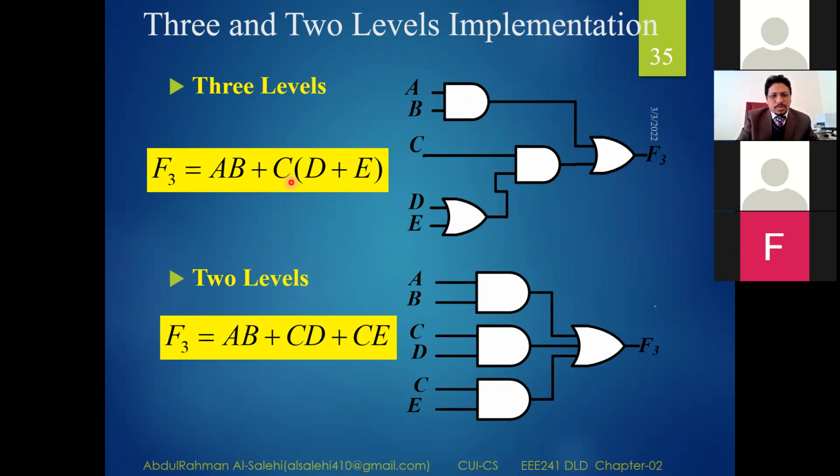So for that, what I will do, if I take this F3 now, when I implement it like that, C into D and C. But I can convert these 3 levels to 2 levels. What I will do is open the brackets. So I will use it and I will make it now. And I say that it is now a sum of products and it's totally 2 levels.